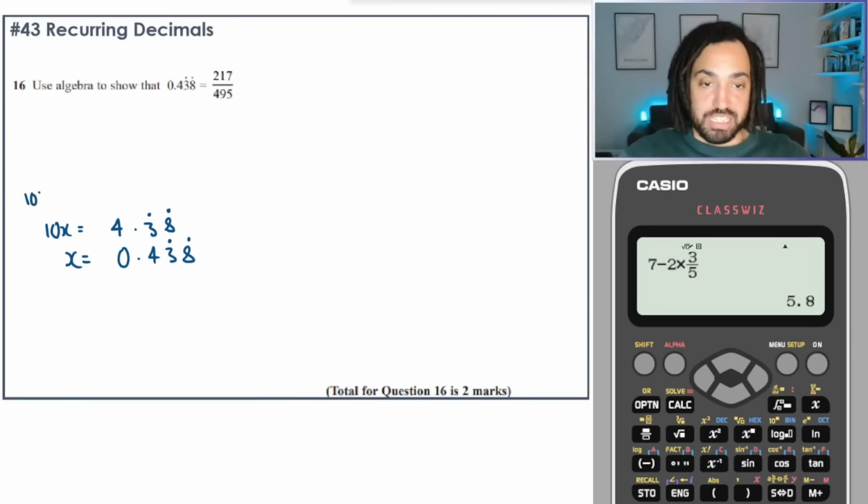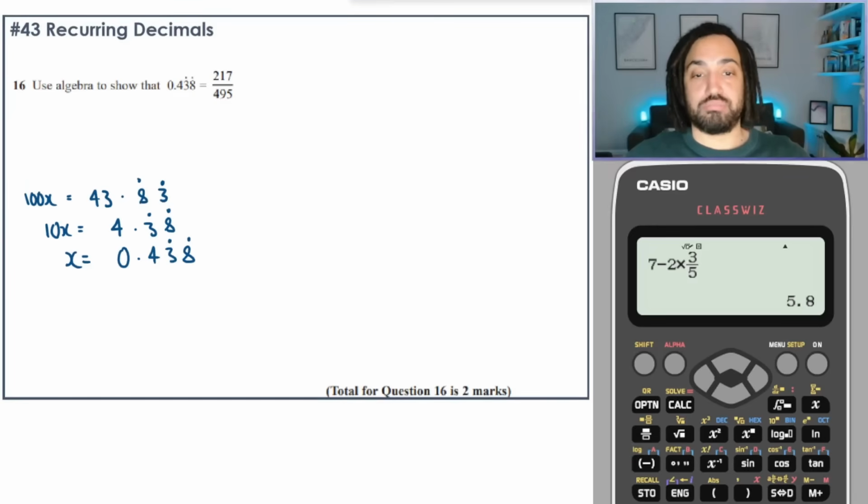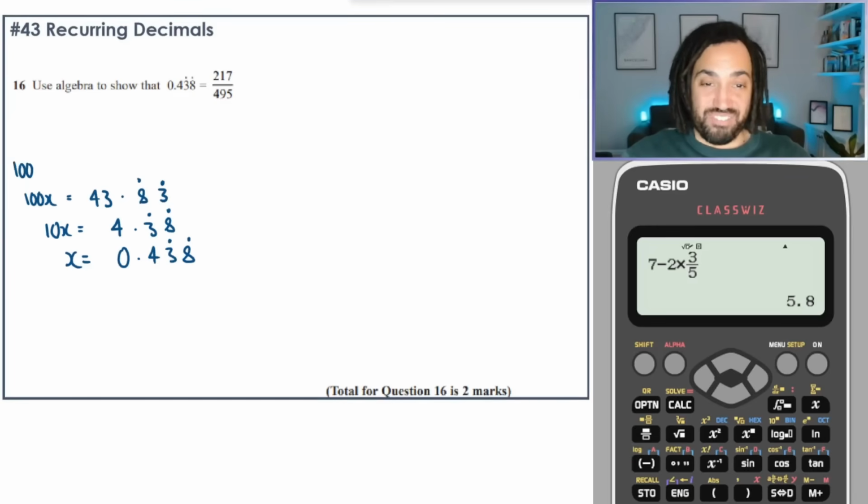And then times by 10 again, and that's going to shift everything up to get me 43.83, which afterwards will carry on going. And then times by 10 again is going to give me 438.38, and they will continue to recur.